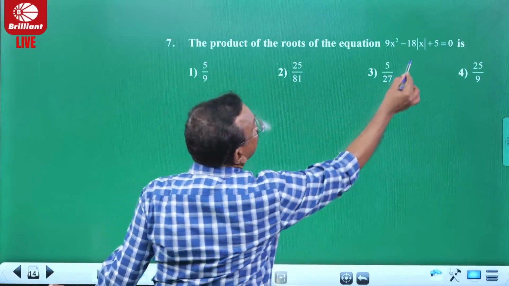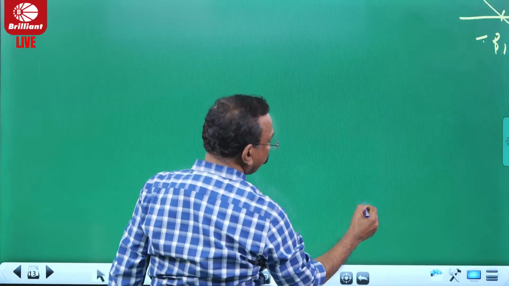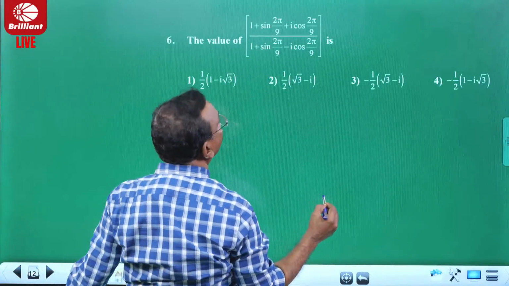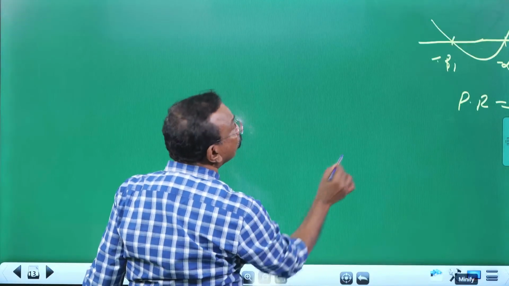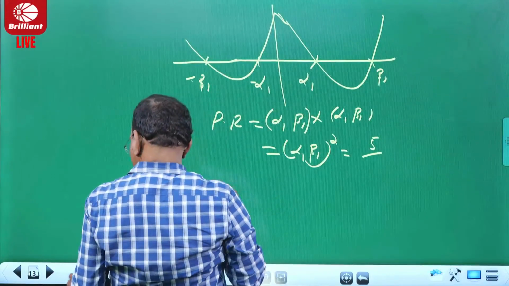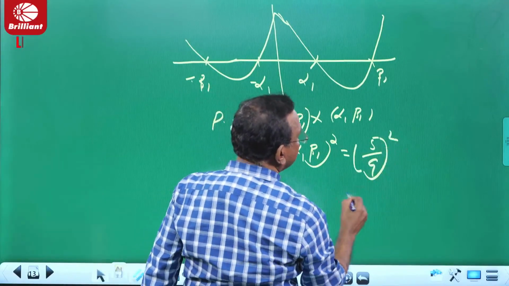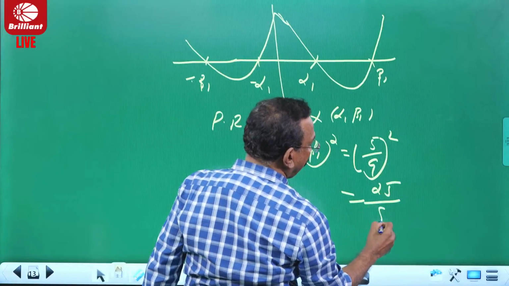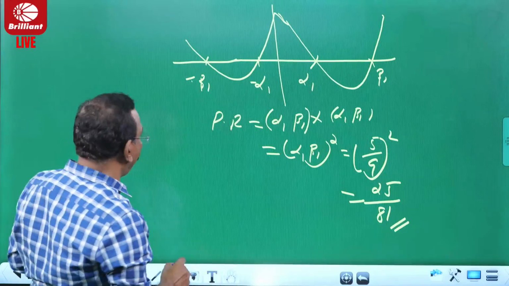That's actually our product of roots, which should be in the form 5 by 9 the whole square, that's equal to 25 divided by 81. So we come back to this expression by using the graph.